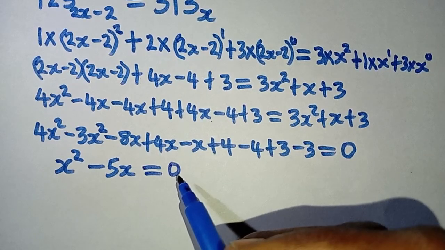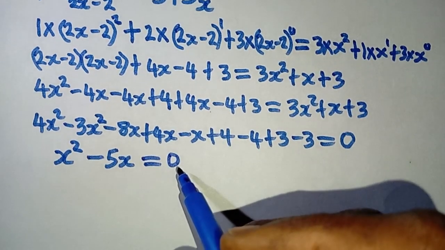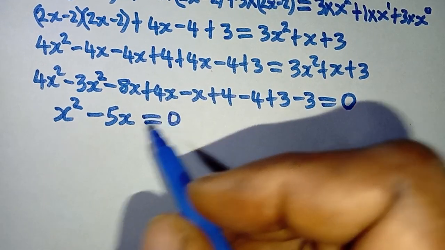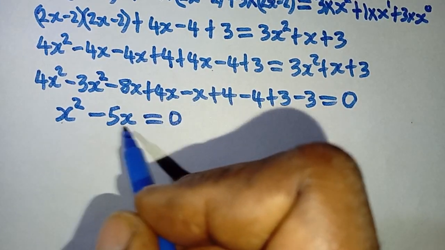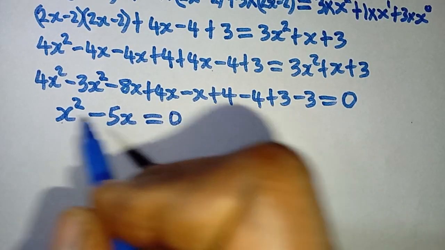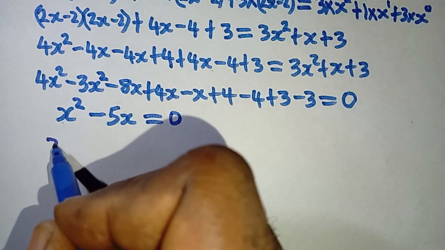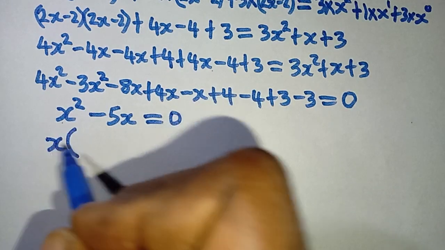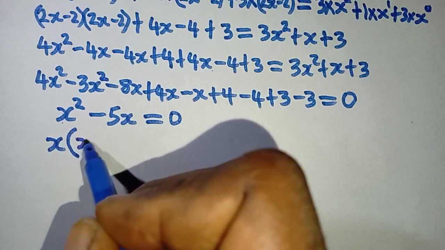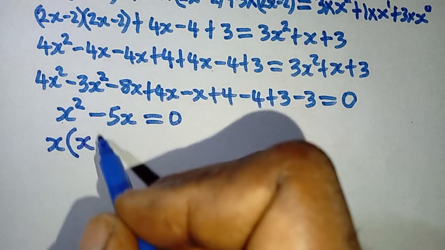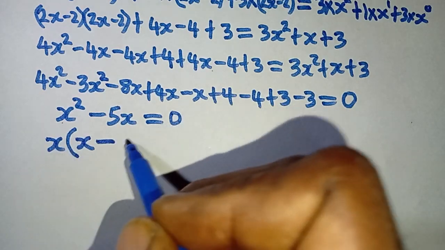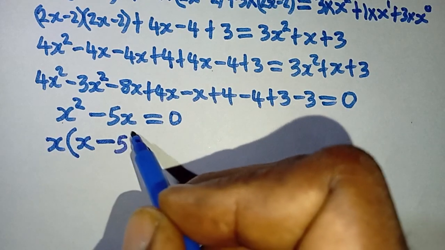So in order to solve this now, I have a quadratic equation. So what I just need to do is to factorize or to factor this. So what is common to them is x. So I bring out x and I open up a bracket. x squared divided by x, I have x inside the bracket. Then the negative sign is here. 5x divided by x, I'm left with 5.